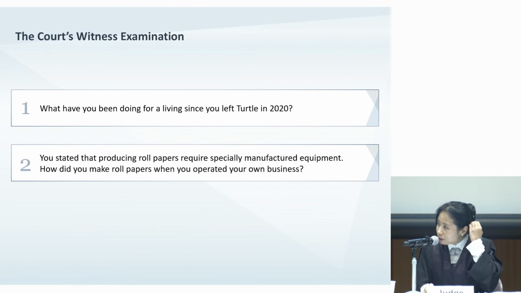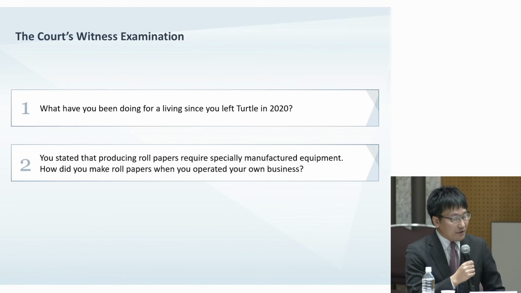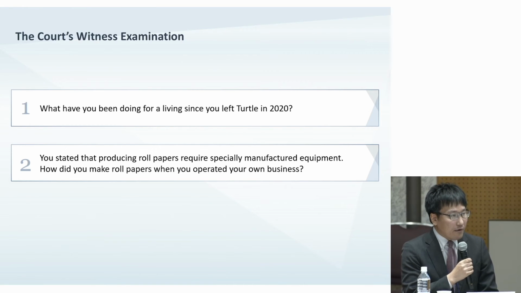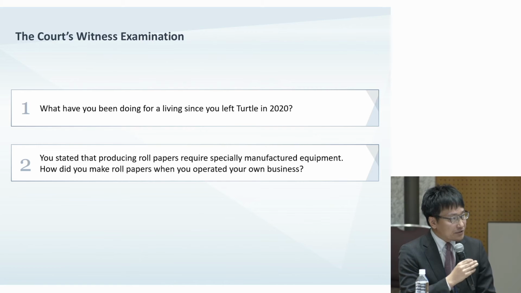Mr. Gwang-Yu, what have you been doing for a living since you left Total Corporation in 2020? Drawing upon the know-how I learned at Total, I collected the plaintiff's rolls and made and sold roll paper, until I received the warning letter from the plaintiff in June 2023, and I ceased my business.